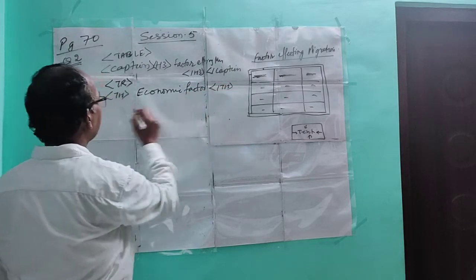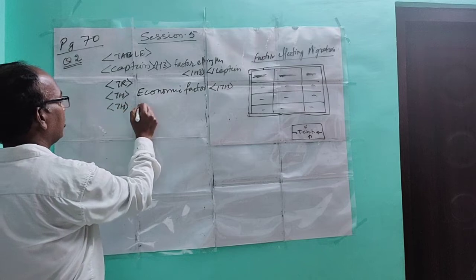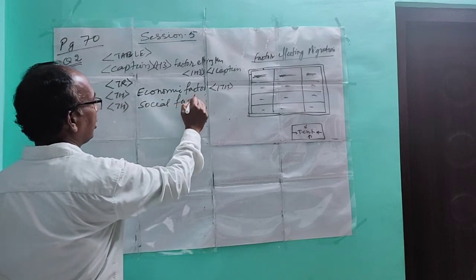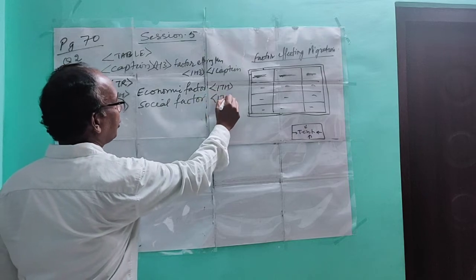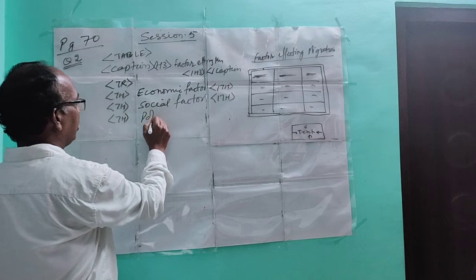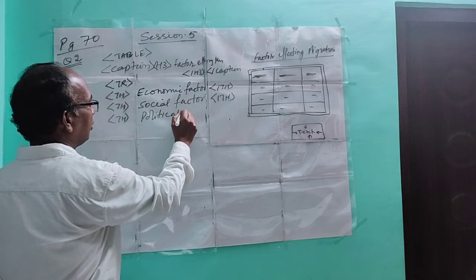Close TH. Second one, social factor. Close TH. Third one is political factor.